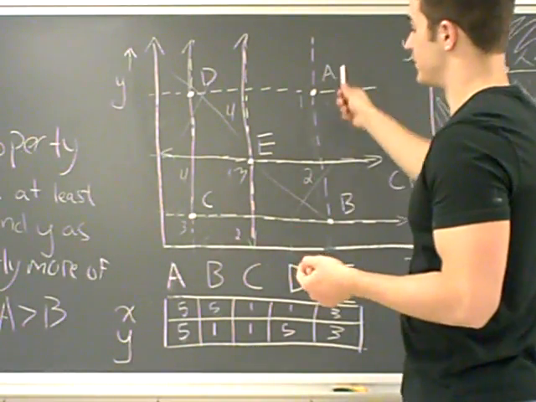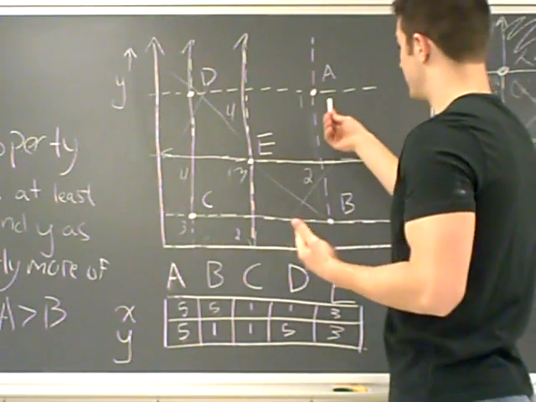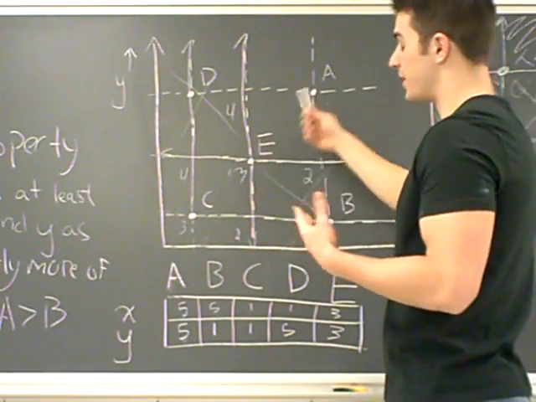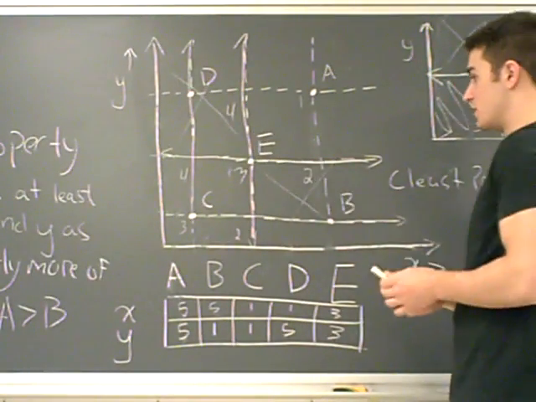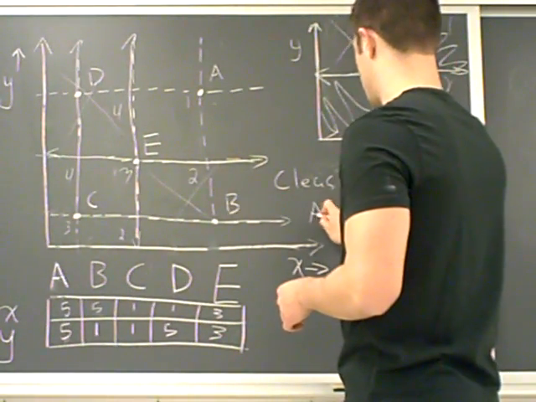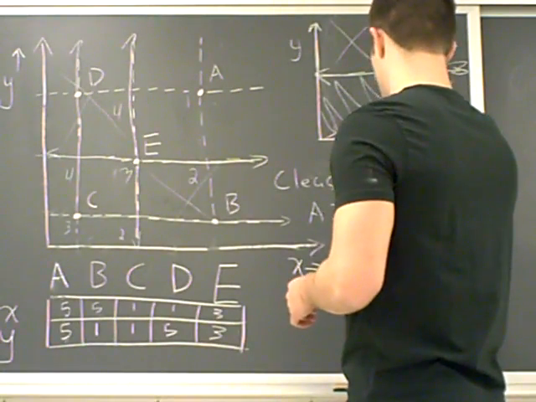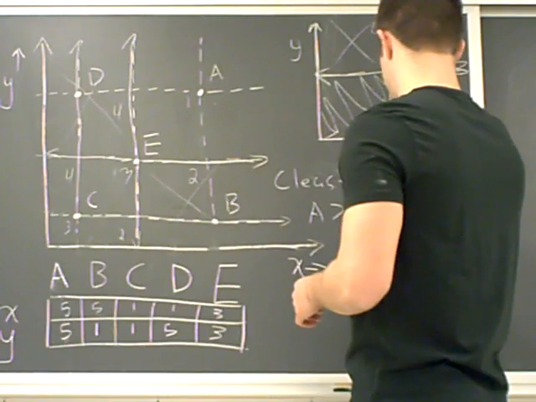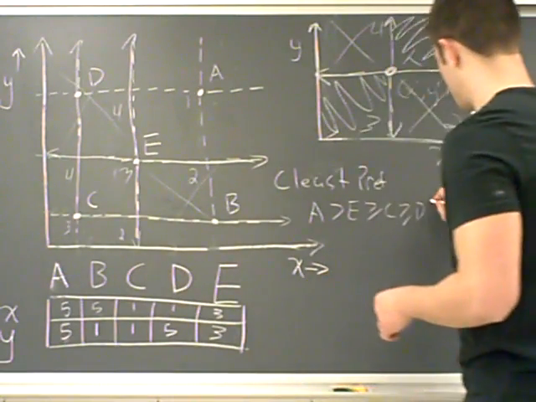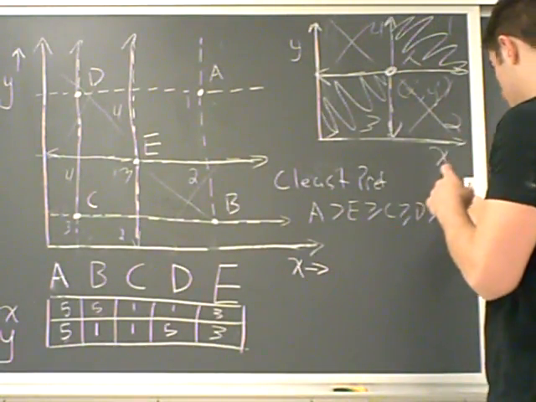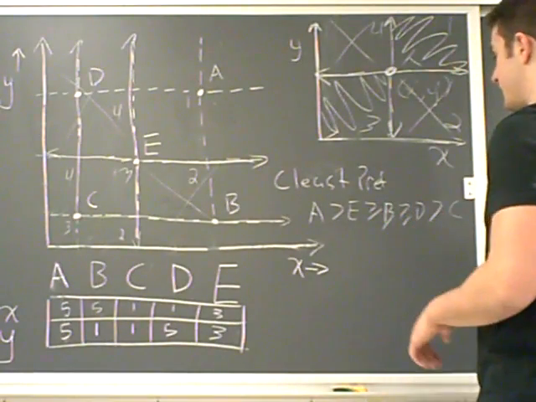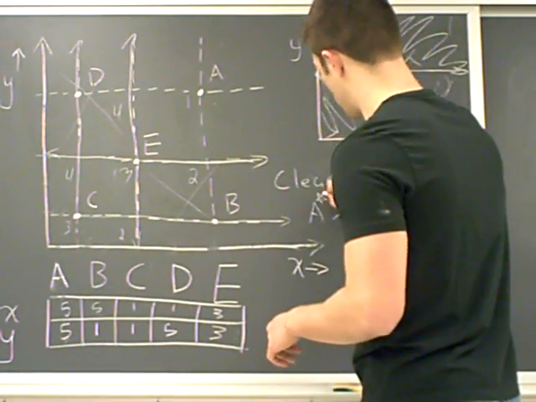You can see we have bundle A left in this quadrant, which says that when we go back to our rule earlier, anything located in quadrant 1 is going to be greater than our comparison bundle, in this case bundle E. So we know that A is greater than E, which is greater than or equal to D, which is greater than or equal to B, which is all greater than or equal to C. So this one, our star, is our most preferred.